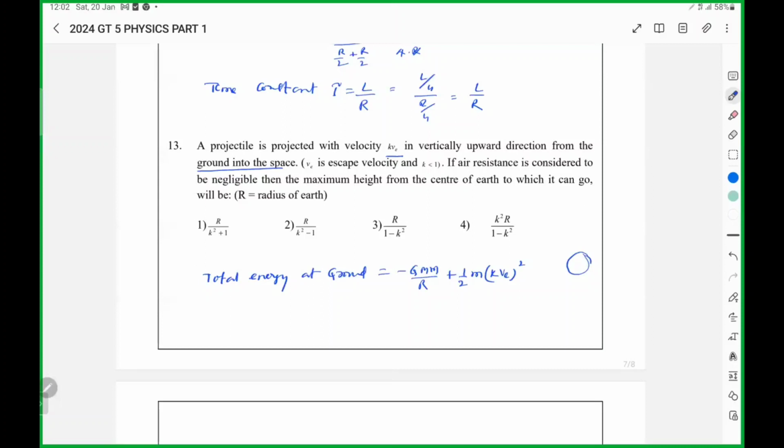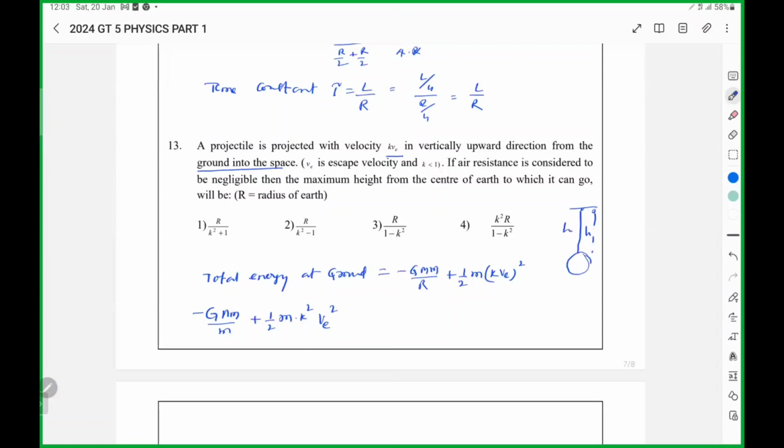It is definitely less than escape because k is less than 1. It goes to certain height and comes back, or it moves in orbit. So total energy will be half m k square v square.